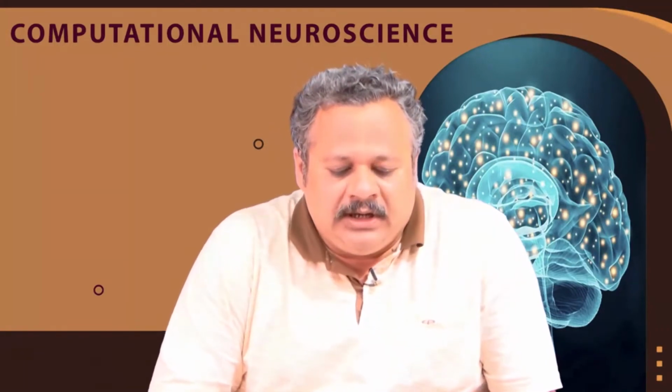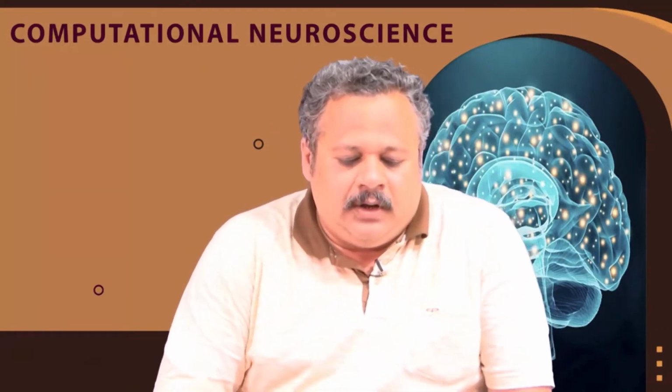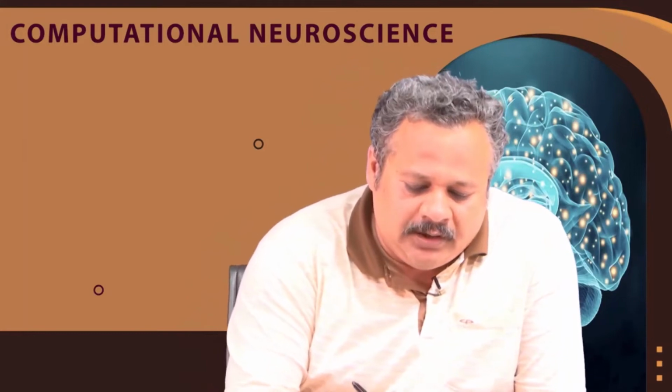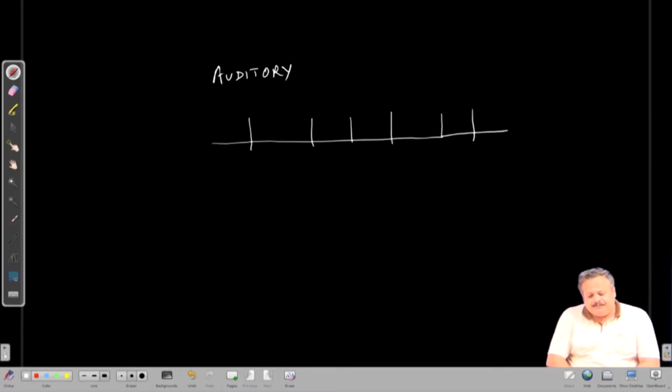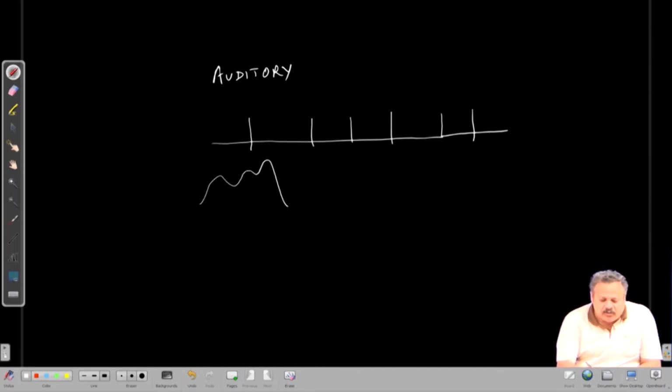So we'll take the example of the auditory system, where let us say we are recording from a neuron in the auditory cortex. If you recall, we have spike trains produced in response to stimuli, and we have a stimulus ongoing during that period.